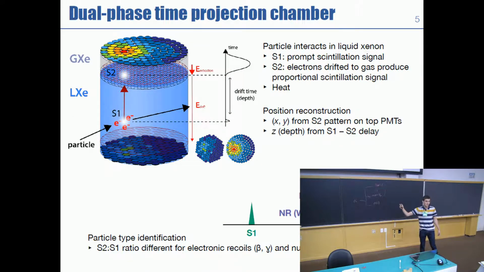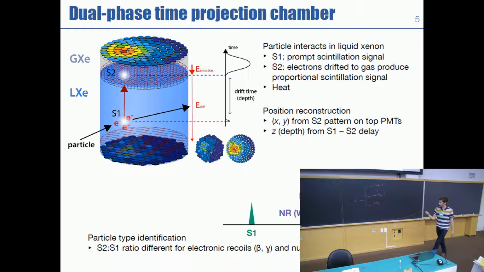So how does this technology work, this dual-phase TPC that we have in XENON? You heard already in the previous talk about liquid argon TPC, which has the same operating principle. The main difference is that we cannot use pulse shape discrimination. In xenon, we still have the triplet and singlet states, but they both have very short half-lives, and there's no way that we can use pulse shape discrimination.